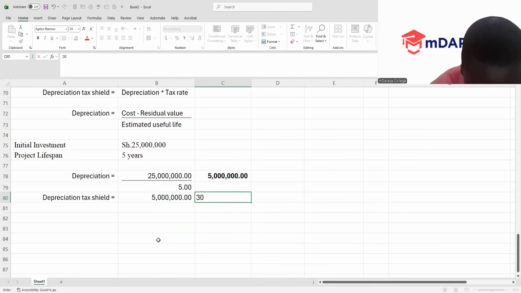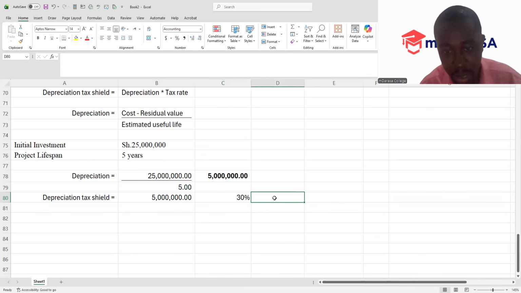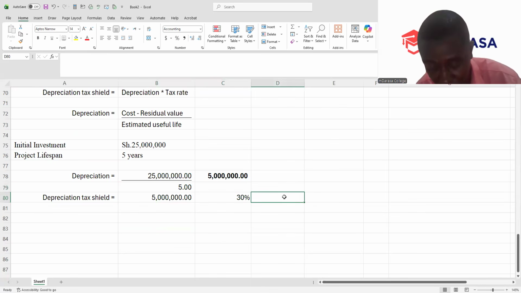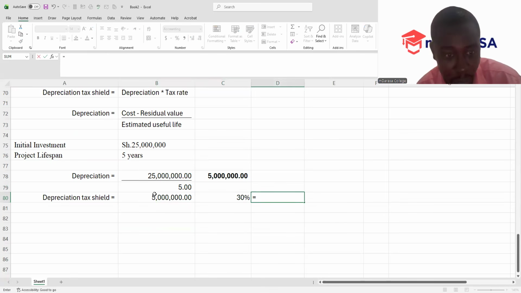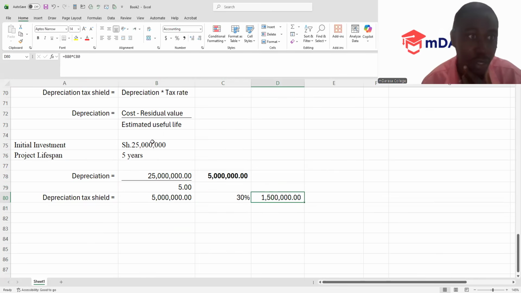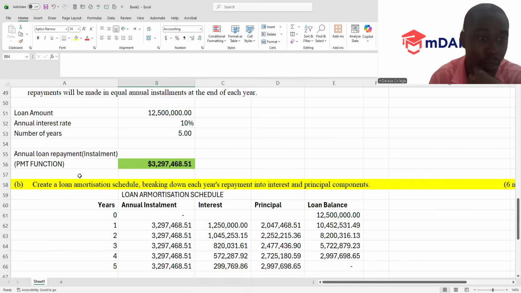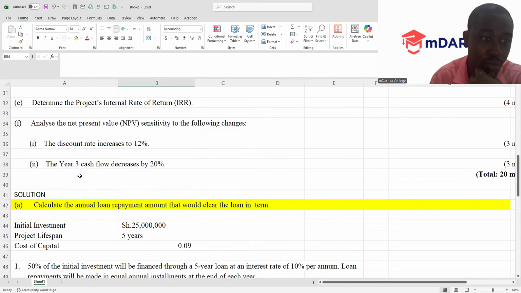Once this has been determined, our depreciation tax shield is therefore 5 million times the tax rate, which gives 1.5 as our depreciation tax shield. So you're done with part C. Presentation matters a lot. Presentation is very key.